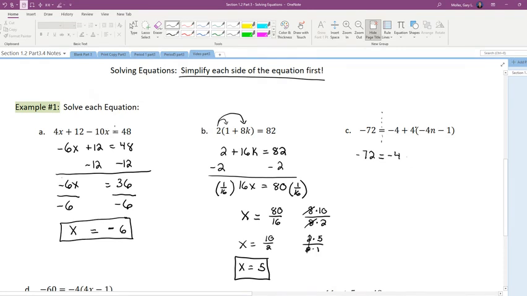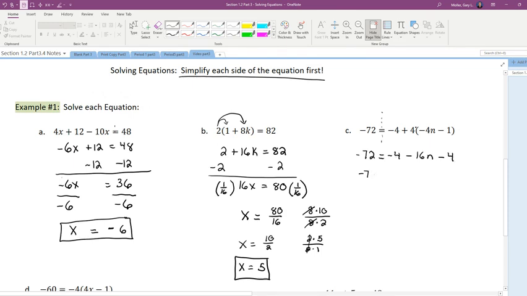4 times negative 4 is going to be minus 16n. Positive 4 times negative 1. A positive and negative makes it negative, and I get 4. Now, there's some math we can do on the right side before we start worrying about solving. I have a negative 4 minus 4.